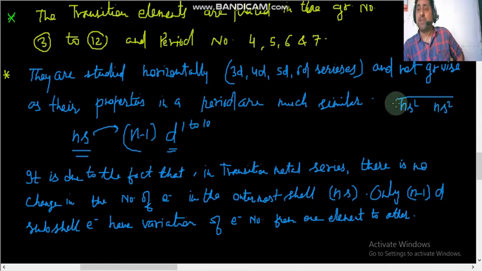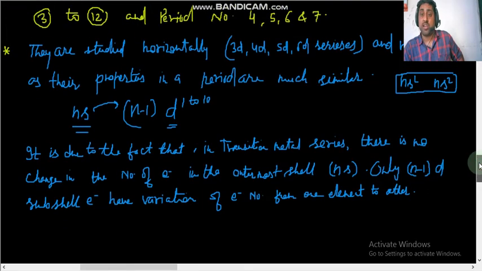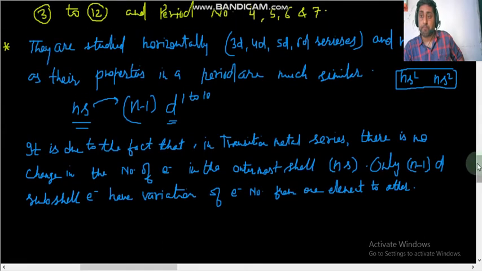So the same kind of thing which was found in S block and P block elements group wise is being found here horizontally, period wise. That's why they have similarity in properties horizontally. Hence we study them in period wise format, that is 3D series, 4D series, 5D series and 6D series, and not group wise.